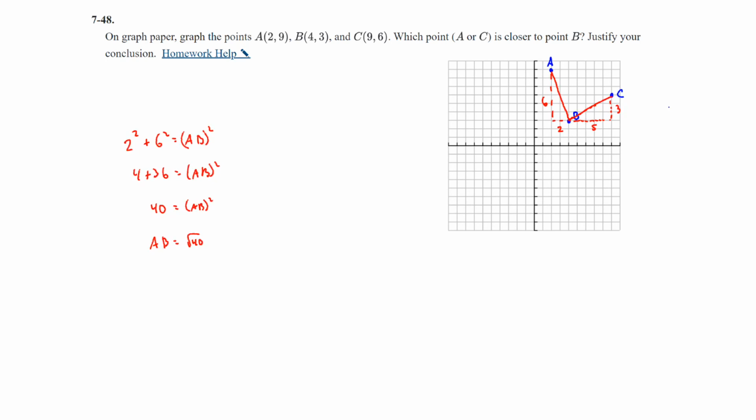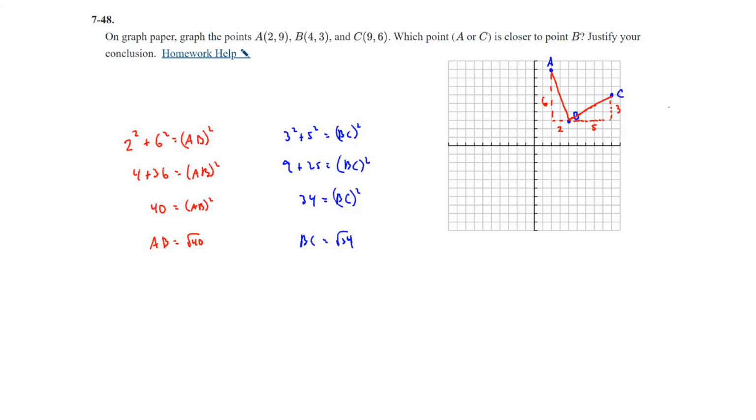And then we can do the other one. We will say 3 squared plus 5 squared is equal to BC squared. So 9 plus 25, and that will be 34. And when you take the square root, you get that BC is the square root of 34 in terms of its distance.